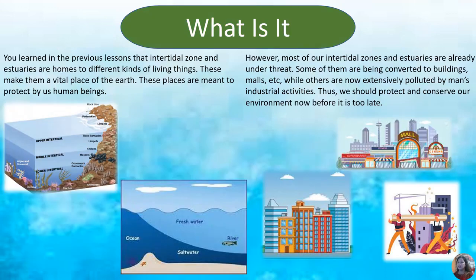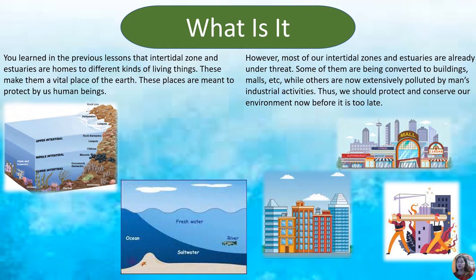What is it? You learned in the previous lessons that intertidal zones and estuaries are homes to different kinds of living things. This makes them a vital place of the earth. These places are meant to be protected by us, human beings. However, most of our intertidal zones and estuaries are already under threat.